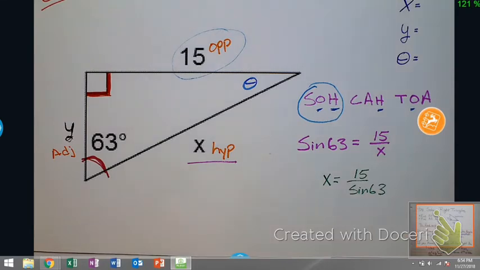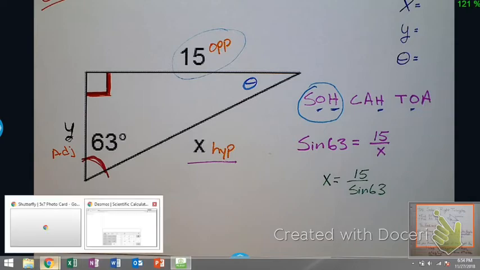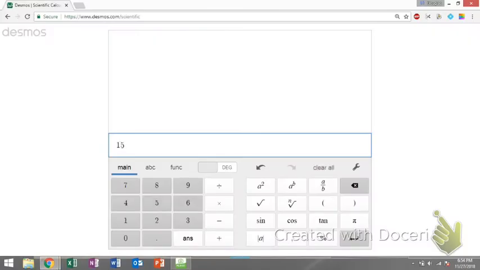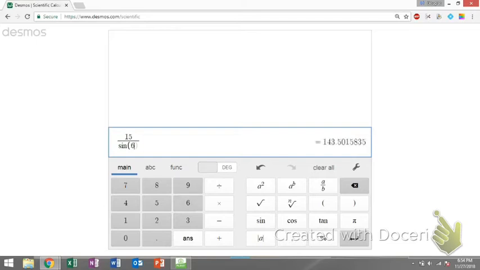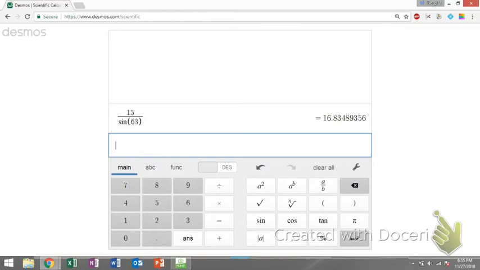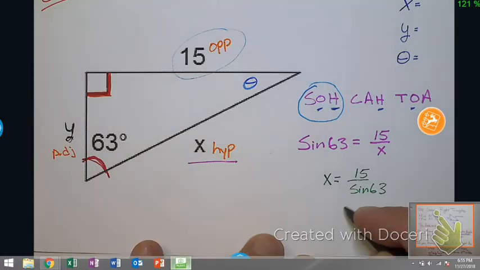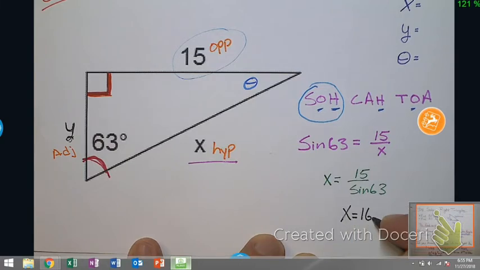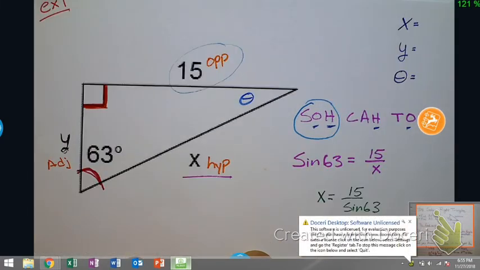From here, let's use our calculator. 15 divided by the sine of 63 degrees equals 16.8348936. Let's round that answer to the nearest tenth, so we know that x is equal to 16.8.